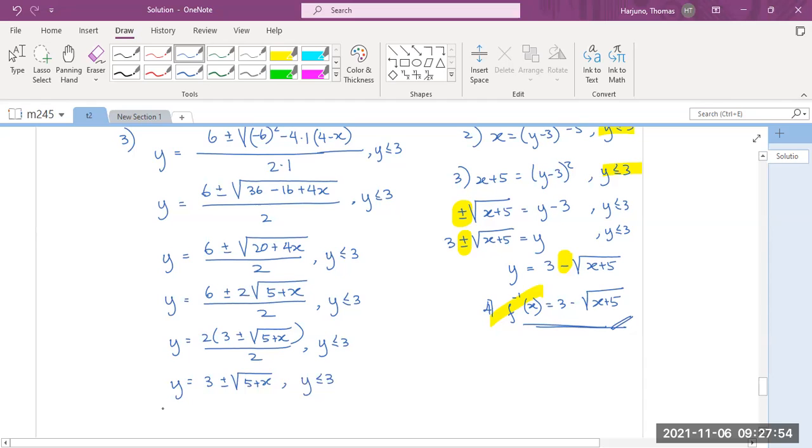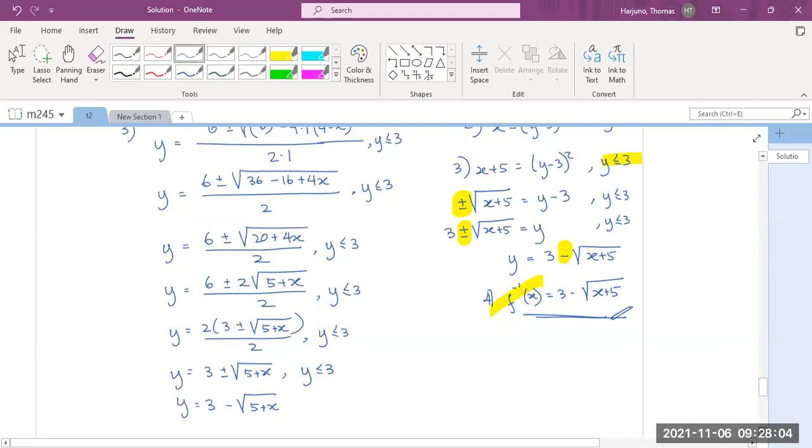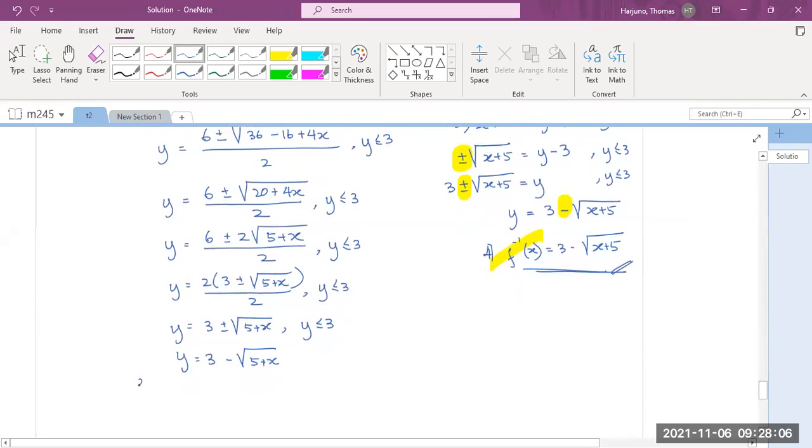But if y is at most 3, then y is 3 minus the square root of 5 plus x, right? No other way. We cannot take the positive branch. Finally, f inverse of x is 3 minus the square root of 5 plus x. Basically the same answer as what we have there.